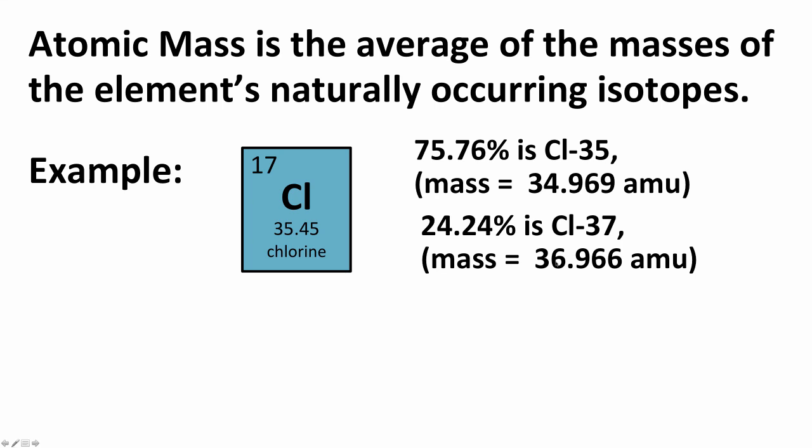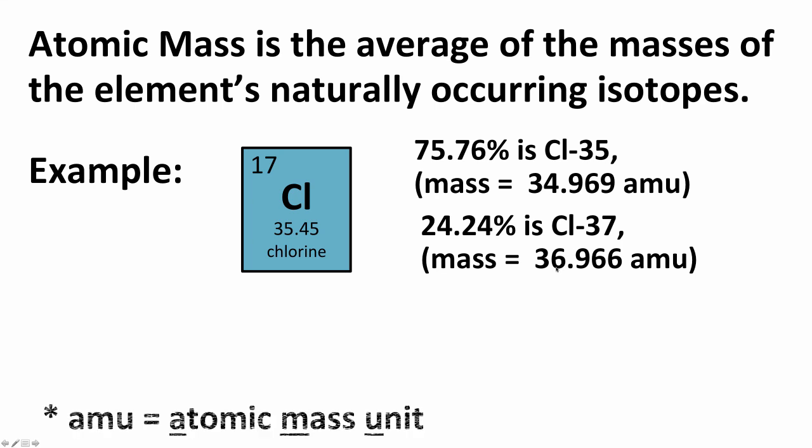Each atom of chlorine-37 has a mass of 36.966 AMU, and AMU is the symbol we use for atomic mass unit. So this is an atomic scaled mass unit, and it's relative, and so we have the atomic mass unit values for the mass of these 2 isotopes of chlorine and their relative abundance.